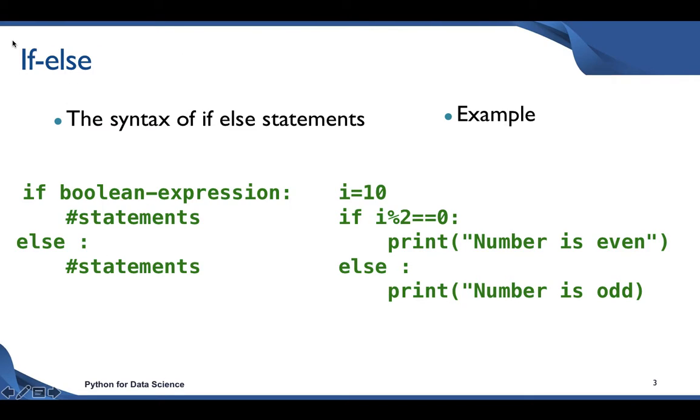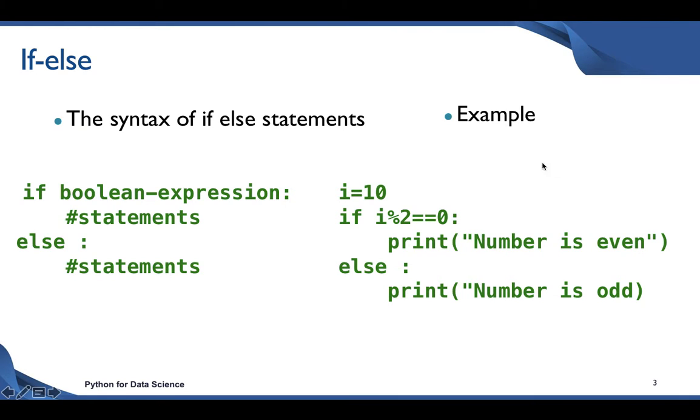Okay. So the if-else statement. The syntax of the if-else statement is something like this. If we have a Boolean expression, this Boolean expression evaluates to either true or false. If the Boolean expression result is true, then the statements written after the colon are executed. Else, if the condition is false, then it will go into this block of code and execute these statements.